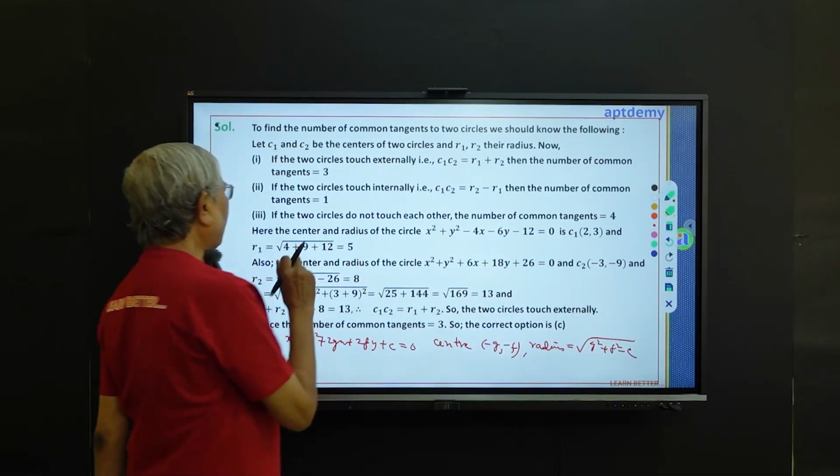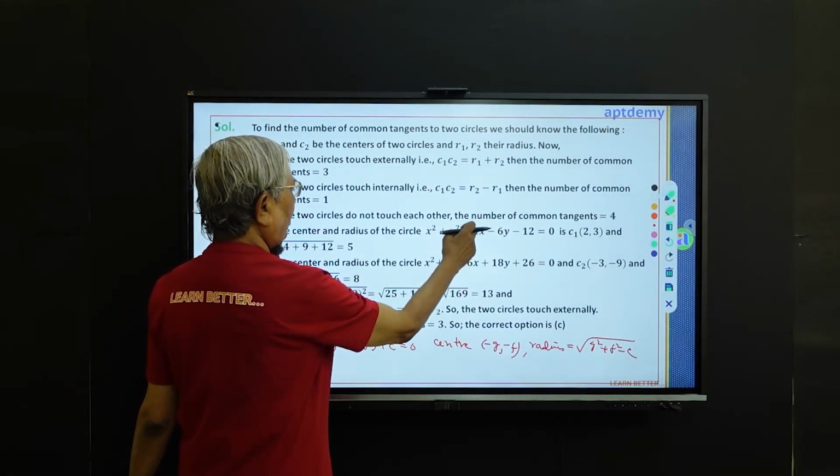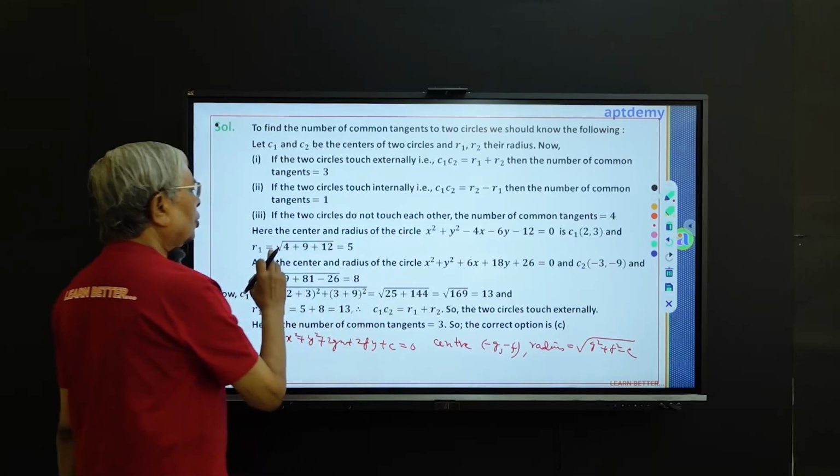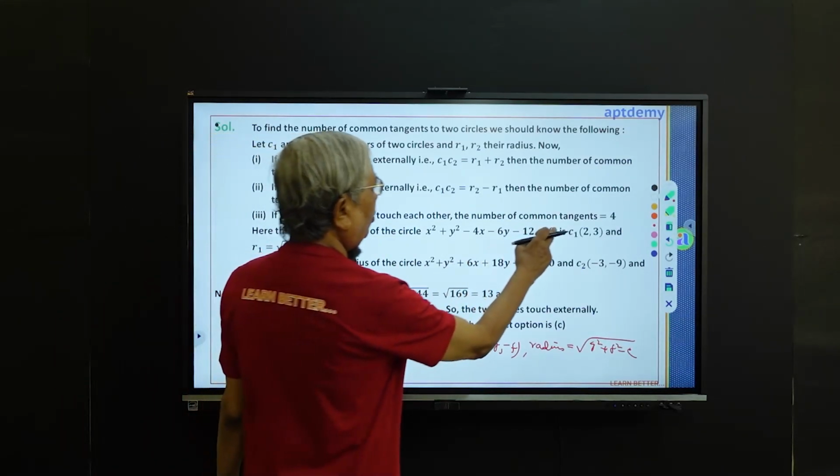So for the first equation, we divide the coefficient of x by 2 and change the sign. So the center, in case of the first one, will be (2, 3).